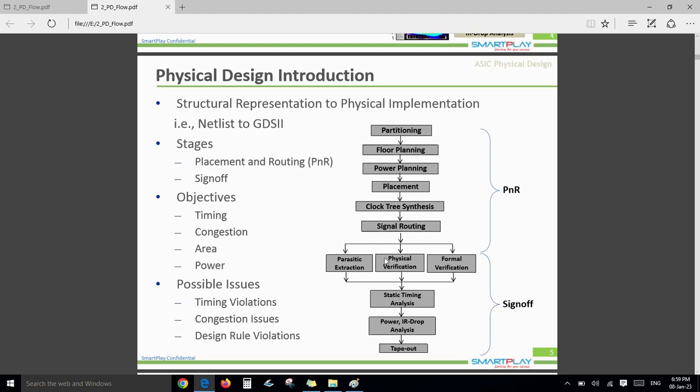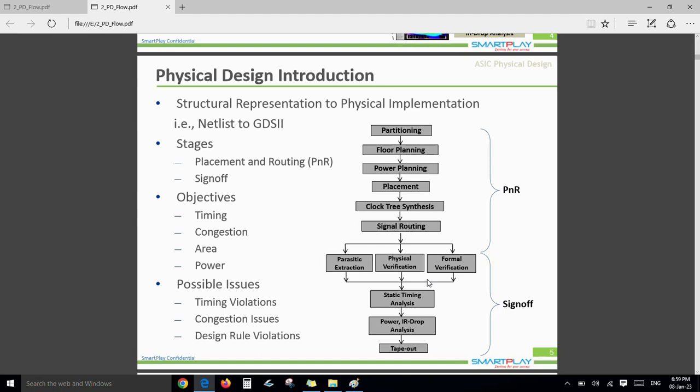All of these are nothing but verifying that there are no bugs in my design. DRCs are nothing but specified rules that we need to follow during development of my chip. That is what we need to do, right?